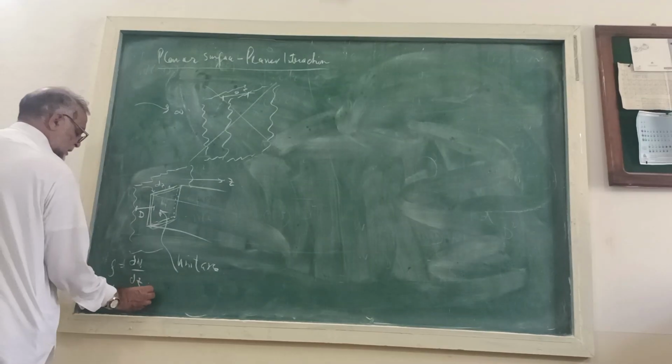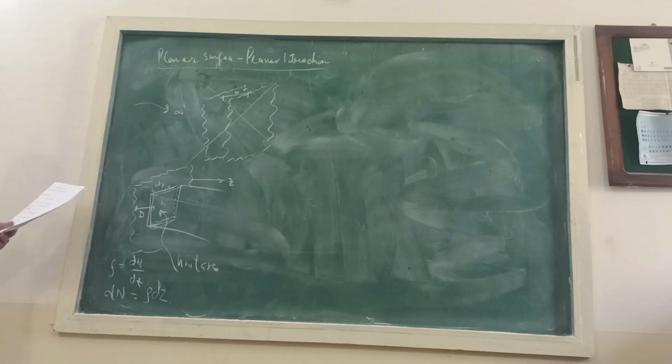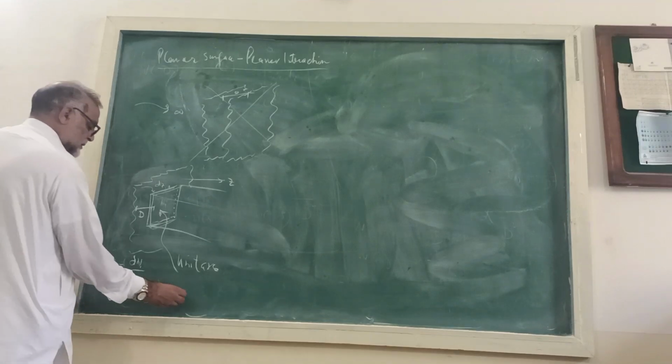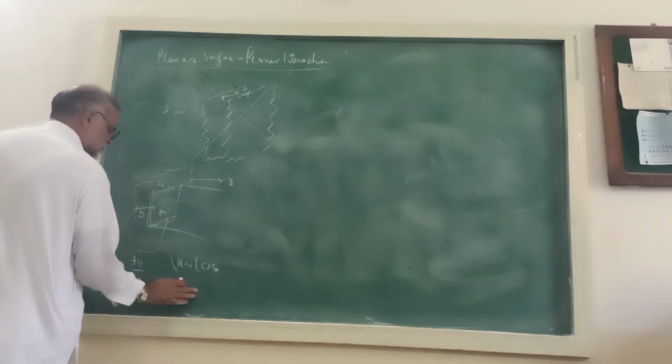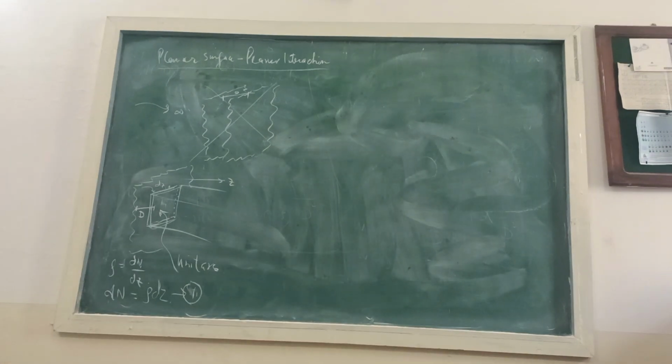So here, the number of molecules will be this, right? That is the molecules in this little ring kind of shape, right? Okay.